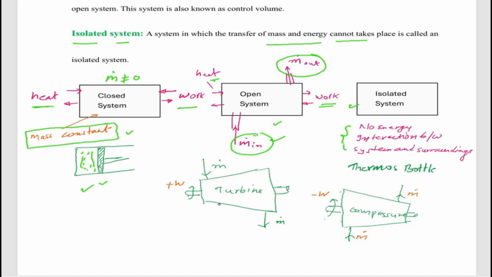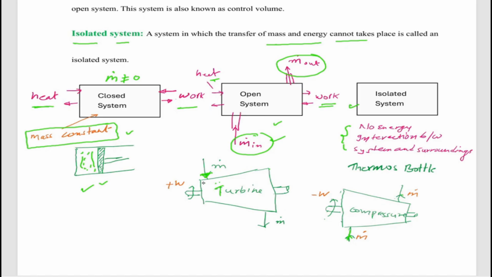Here is an open system, a turbine, right? This is the symbol of a turbine. In a turbine the gas is expanding, which is the reason we use this symbol for the turbine. And in a compressor, we use this symbol for the compressor, right?